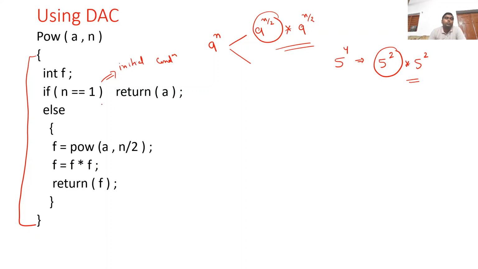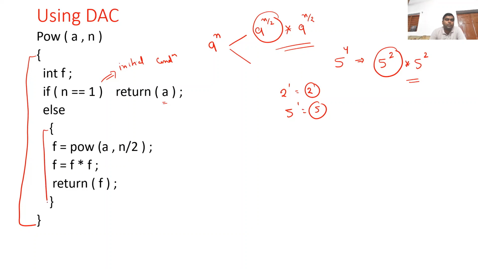So n equals 1: return simply a, because for example 2 raised to the power 1, simply return 2 only. Or 5 raised to the power 1, simply return 5 only. In this case nothing is there to calculate. So this is the termination condition, simply return a.